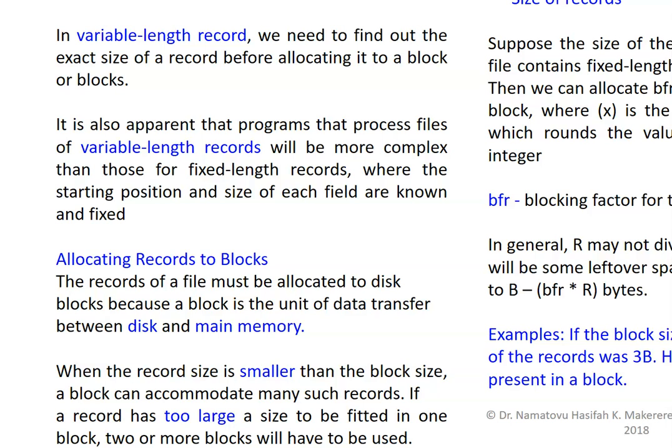Then the memory is going to scan through that particular block to look for the record. If the record is there, the record is going to be displayed. But if the record is not there, we are going to get another block from the disk.